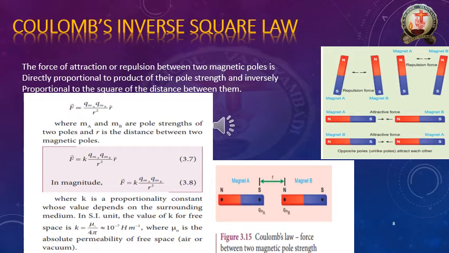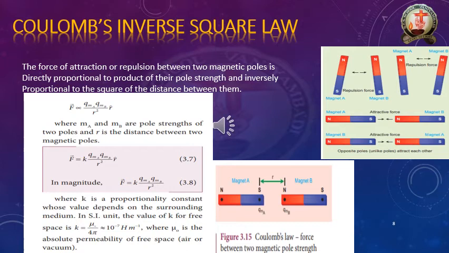Same type of poles means either north pole and north pole, or south pole and south pole. So south pole and south pole are the same, so both will repel. North pole and north pole are also the same, so they repel. And north pole and south pole will always attract, and south pole and north pole also always attract. So please see the figure now, in the right side corner.